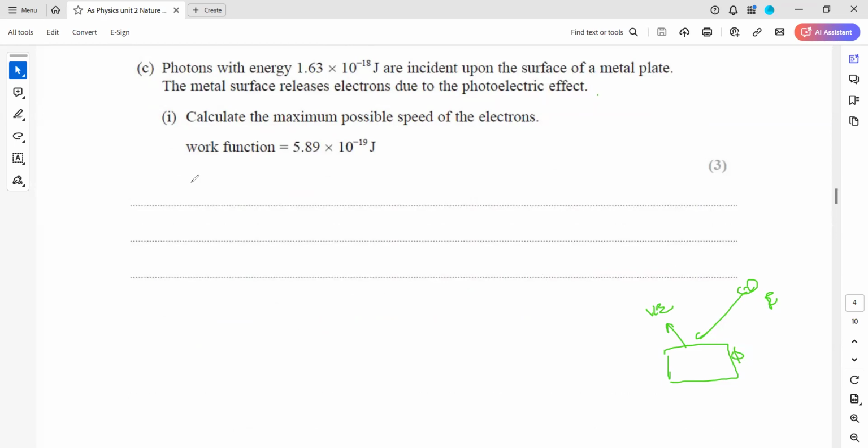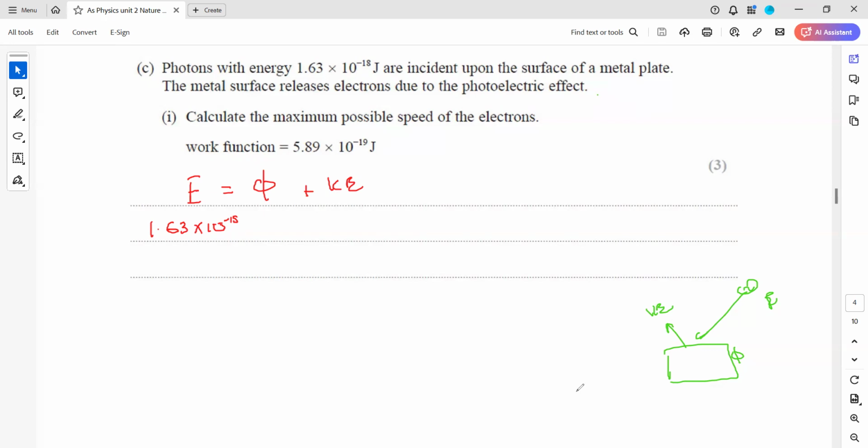the speed. So the energy of an incident photon is equal to the work function plus the kinetic energy. The energy of the incident photon is 1.63 × 10^-18 joules. Keep one thing in mind, whenever you are using these formulas, energy should always be in joules. You cannot substitute in electron volts. It will be wrong.